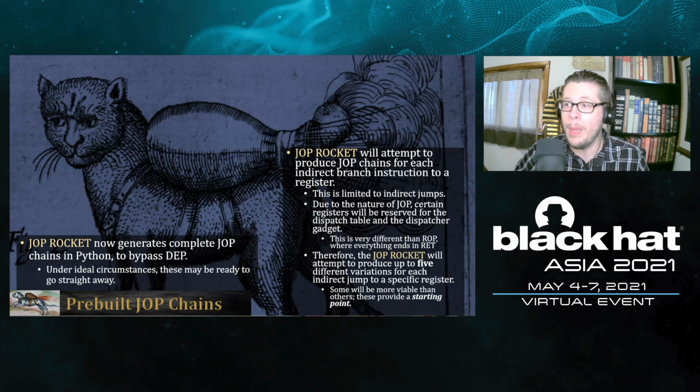And at the same time, if you have a functional gadget that ends in jump EAX, well, it's probably going to stay in jump EAX and not go and end in jump EBX. So there are lots of different possibilities in terms of the different JOP chains we can generate. We also produce 5 variations for each specific register utilizing different stack pivot amounts.